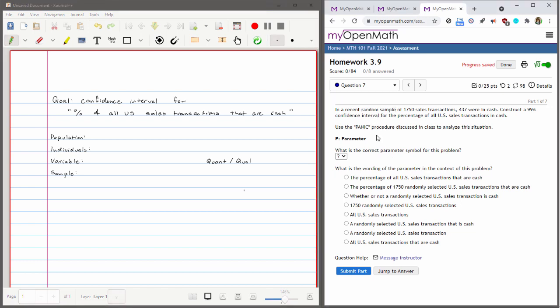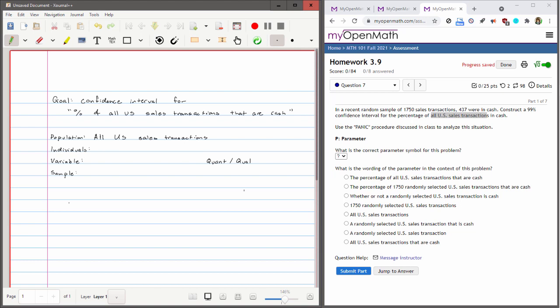In this problem, we're interested in all U.S. sales transactions. That's our overall population. That population is made up of individual single transactions.